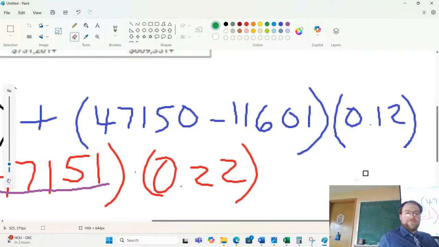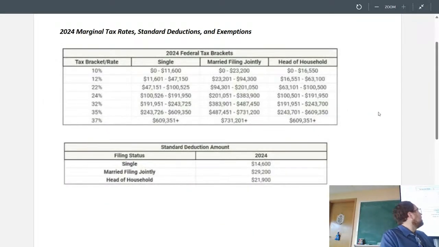Okay, can you go back to the chart? Yep, so then that takes you through 47,150. $7,284.66.